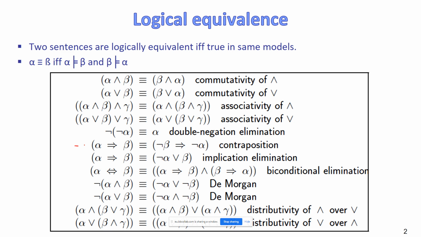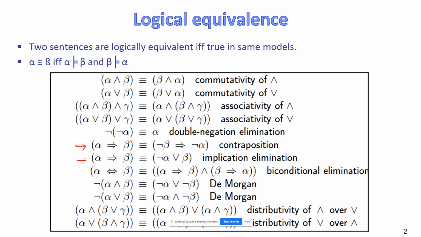Contraposition is something you also need to remember: the implication alpha implies beta is equivalent to not beta implies not alpha. All of these rules can help us later, as we will see in this lecture, or maybe the next one.